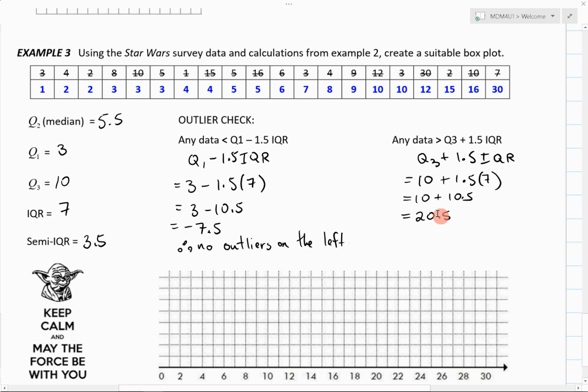So any values beyond 20.5 would be considered an outlier. Are there any beyond 20.5? We do have 30, right? It seems kind of irregular, even without doing the calculations, that someone would watch Star Wars 30 times compared to the rest of your data, where nobody is even close. So I'm going to say, therefore, 30 is an outlier.